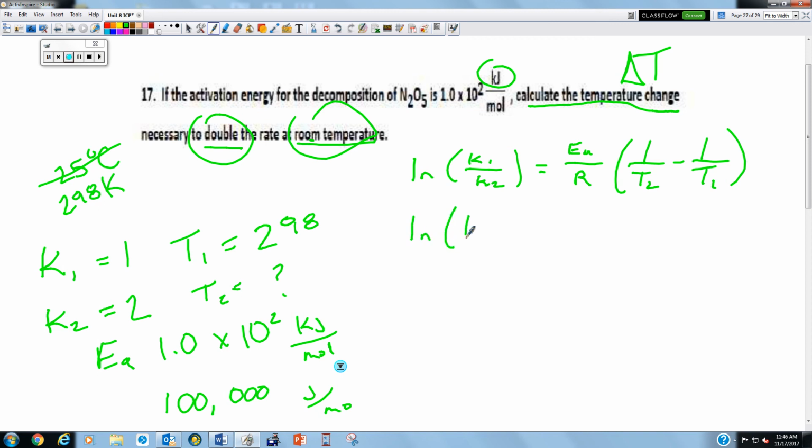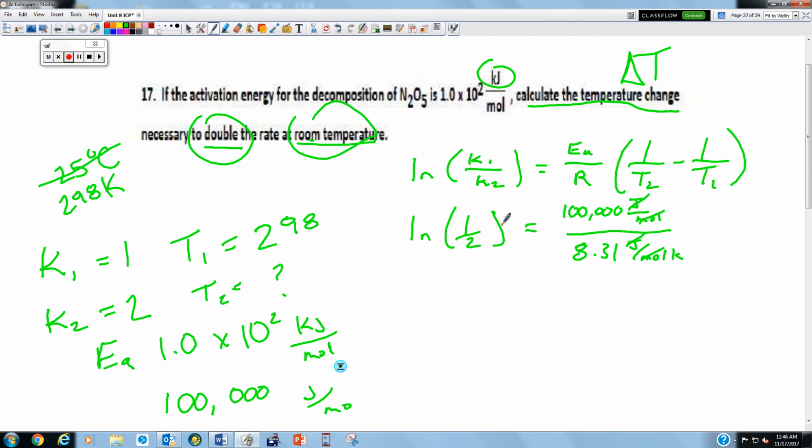It's going to be ln of 1/2 equals 100,000 joules per mole over 8.31 joules per mole K. Joules is going to cancel, mole is going to cancel.